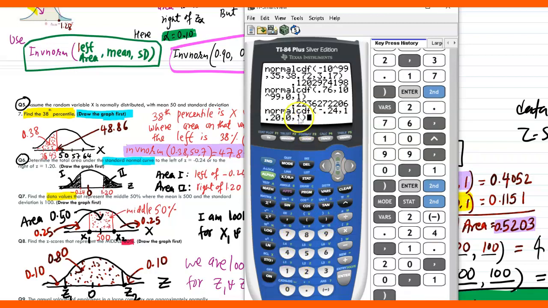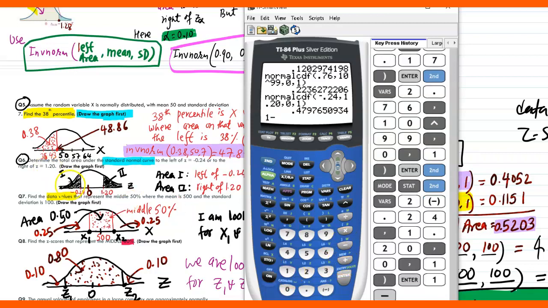Okay, and you get 0.479765, and you subtract it from 1, because you know the total area under the curve is 1, and if you subtract the middle white area, you get this shaded area, the total, right?